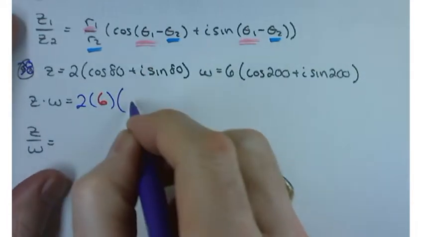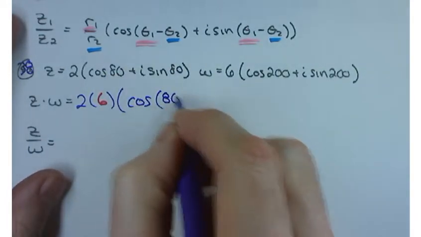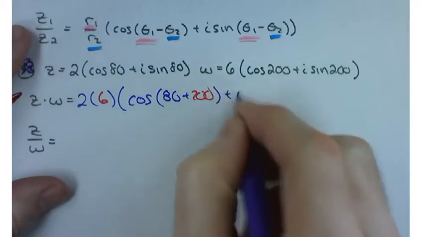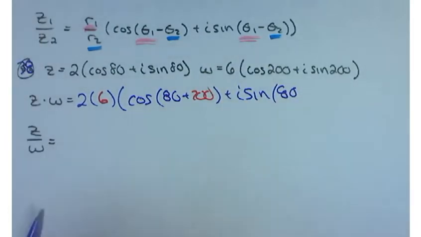times the cosine of 80 plus 200, plus i times the sine of 80 plus 200.